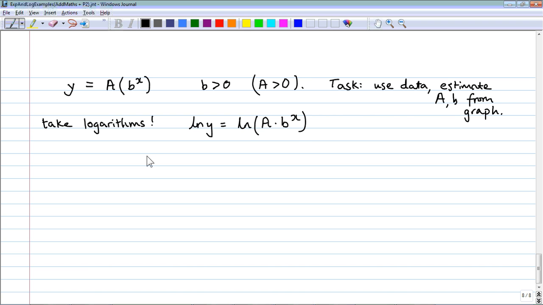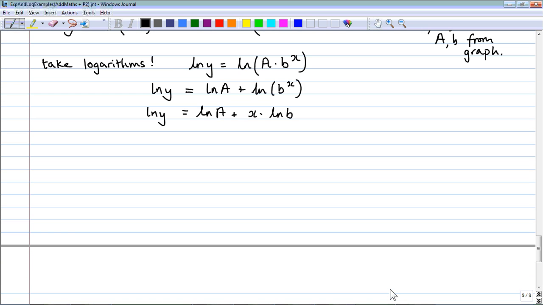Okay, now I'm going to go through the process. So ln y is equal to ln a, capital A this time, plus ln b to the power x. As before, we will take the x outside using the power law. ln y equals ln a plus x ln b.